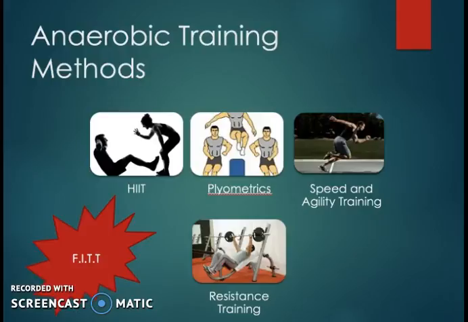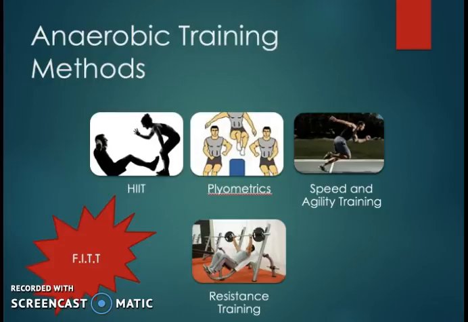Now we're going to look at anaerobic training methods and look at 4 different types of training that anaerobic athletes would normally use. The first one is HIIT training, and that consists of exercises that put the muscles into distress so that they can repair themselves and get bigger.